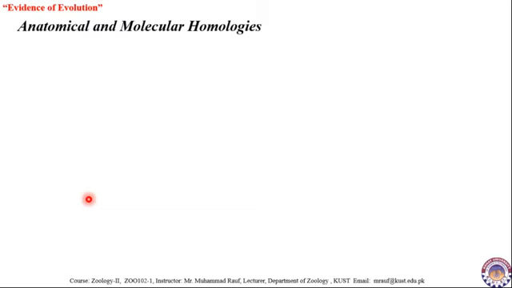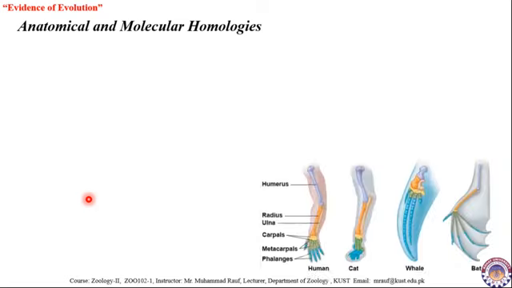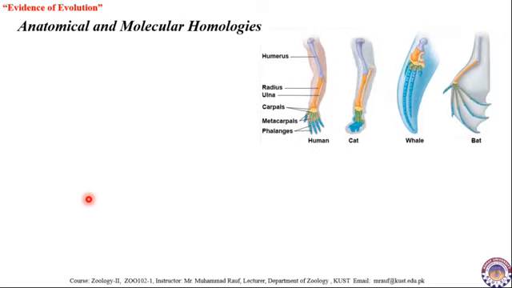The view of evolution as a remodeling process leads to the prediction that closely related species should have similar features, and they do. Of course, closely related species share the features used to determine their relationship, but they also share many other features.